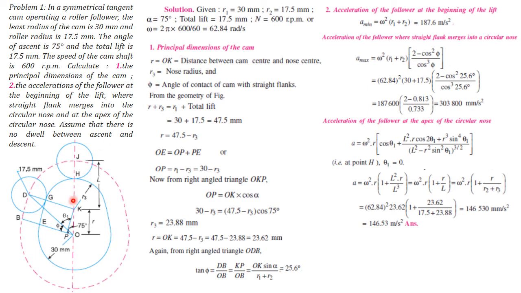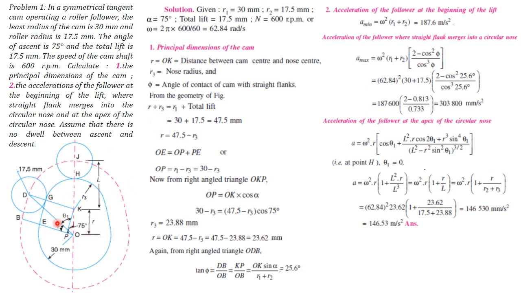R3 is the radius of the nose, and let us say phi is the angle of contact of the cam with the straight flank. So this is the angle phi with the straight flank. When the roller moves from E to G, the angle turned is phi. So it is the angle between OB and OD.